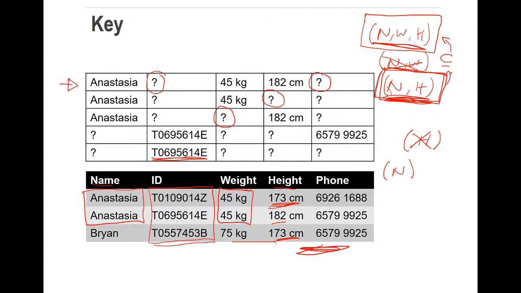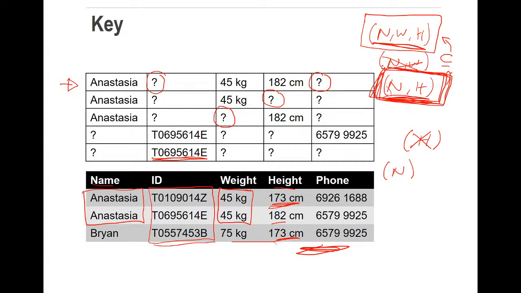But for this particular one, it is a possible key because the removal of any one of those means that we cannot identify a single row. But is name and height truly a key? That we do not know. It really depends on how the database is first created.